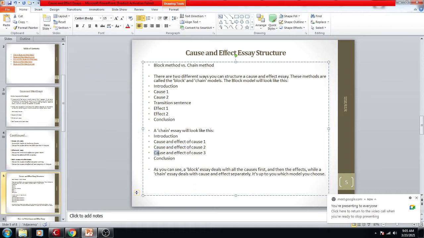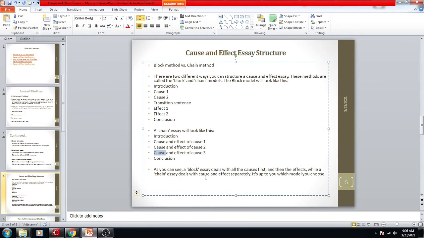You have cause 3 followed immediately by its effect. And then the conclusion. As you can see, a block essay deals with all the causes first, and then the effects, while a chain essay deals with each cause and its effect together.